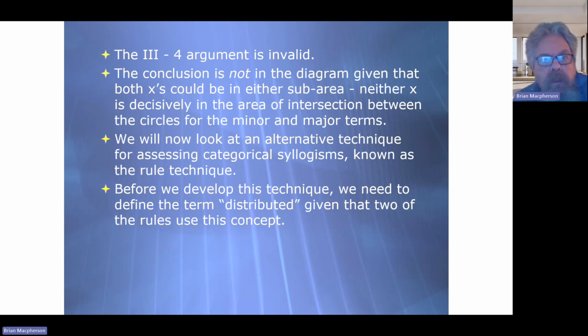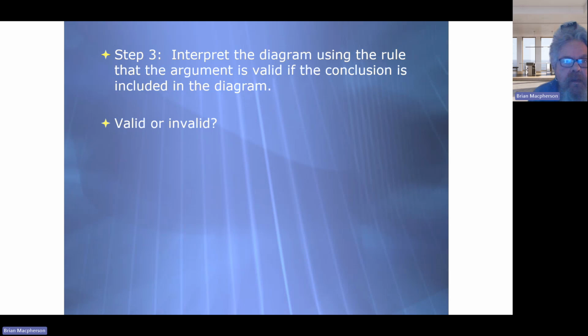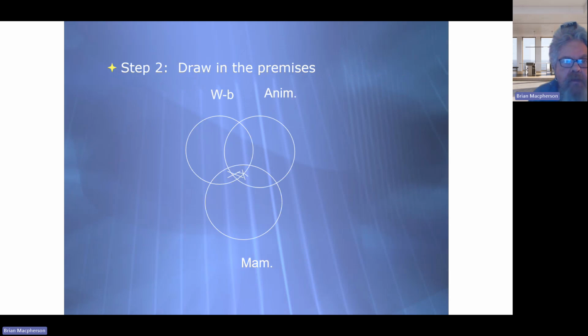Okay. All right. So hopefully everybody's clear. So you can get two types of diagrams. You can get diagrams where you shade stuff in. That's for the universal affirmative and universal negative. And you can get diagrams where you put X's, right? And that's for some and some not. All right. So in the argument we just looked at, we diagrammed in the X's. Again, very important.